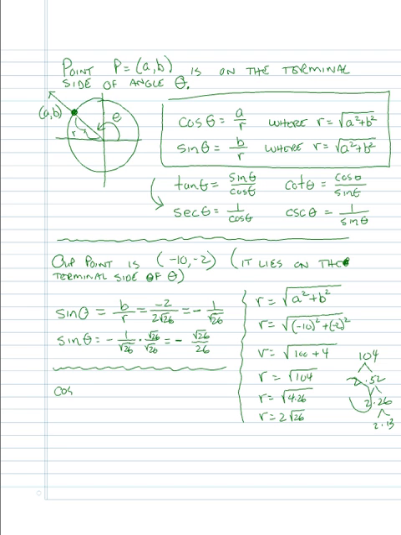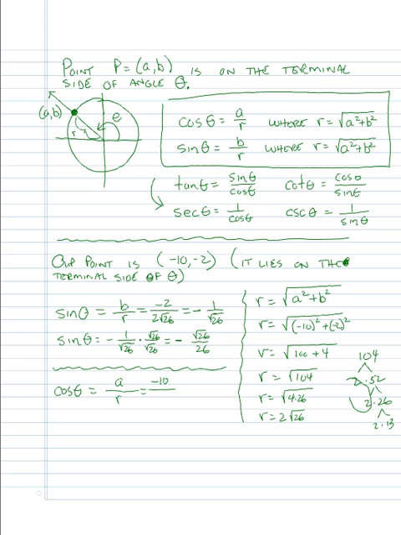What about the cosine of theta? We don't know what theta is, but we know the point (-10, -2) is on the terminal side of the angle. Well, what we went through above says, okay, you use the first coordinate, but you divide by the radius, r. Okay, and we found out what r is already. Well, the first coordinate is -10.